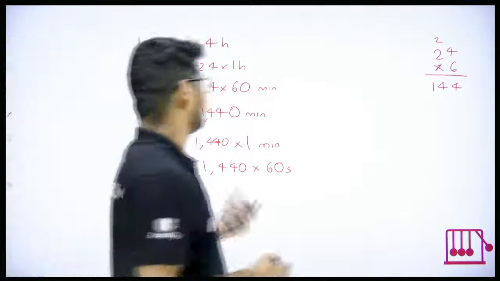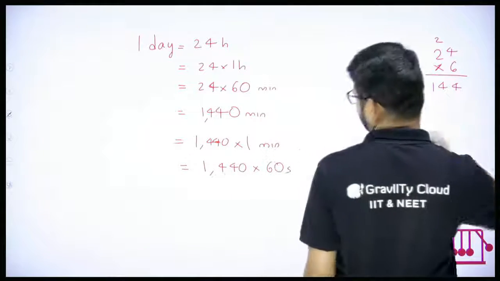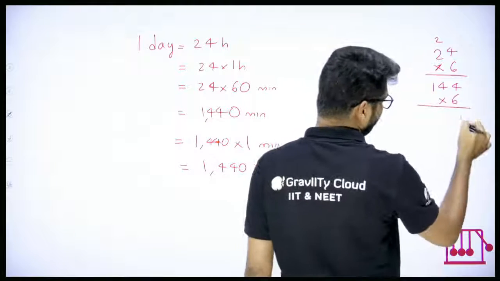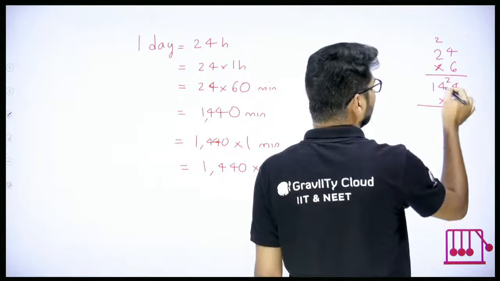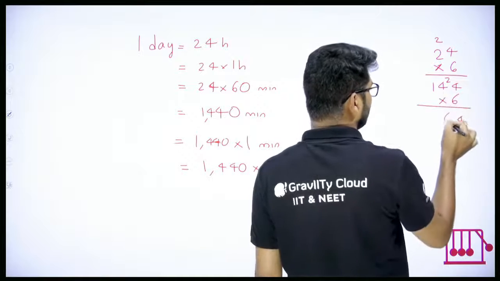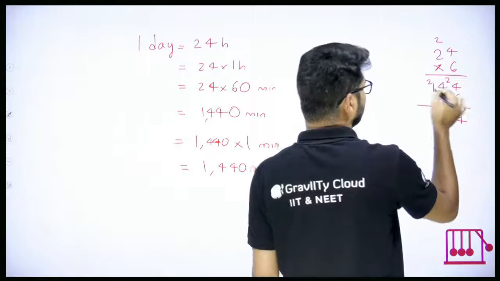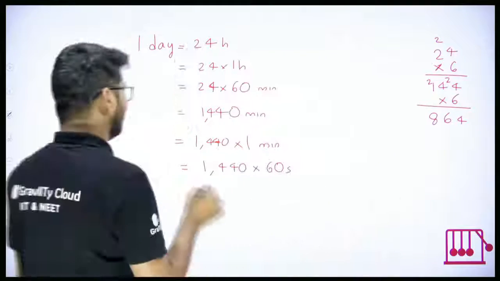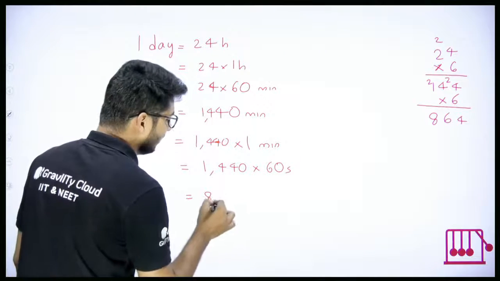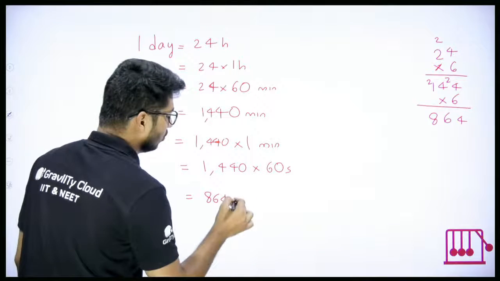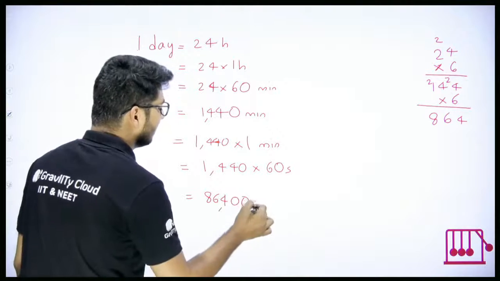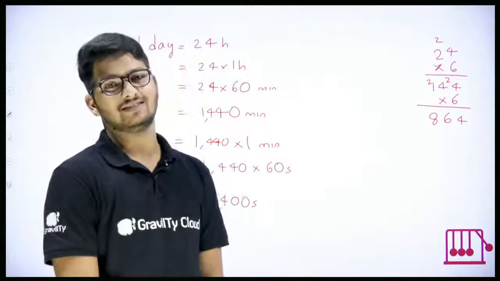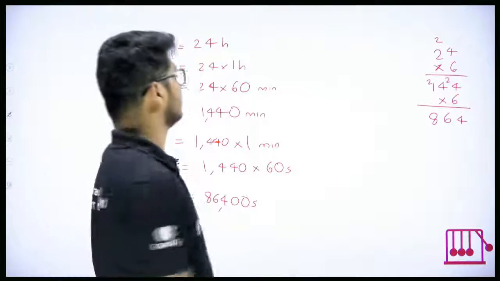That means if I multiply 1440 with 60, or 144 into 6, 6 4 24, 2 carry. 6 4 24, 24 plus 2, 26. 2 carry. 6 into 1, 6. 6 plus 2, 8. That is 864. 864 and you have 2 zeros. So it is 86,400 seconds.